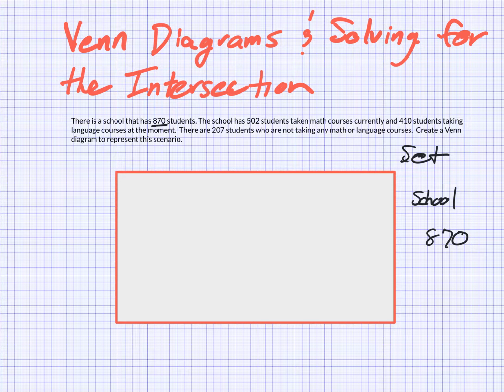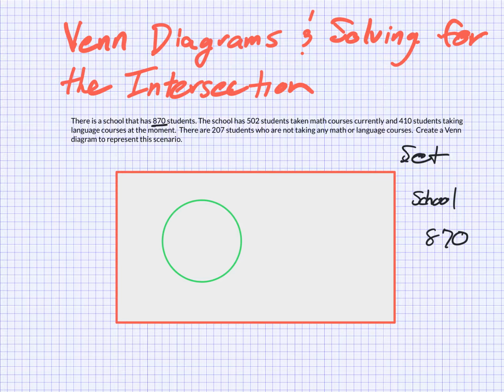We also need to represent students taking math. So we have our circle here. Sorry, my pen's not working so well. There we go. So here's our students taking math, and here's our students who are in language.